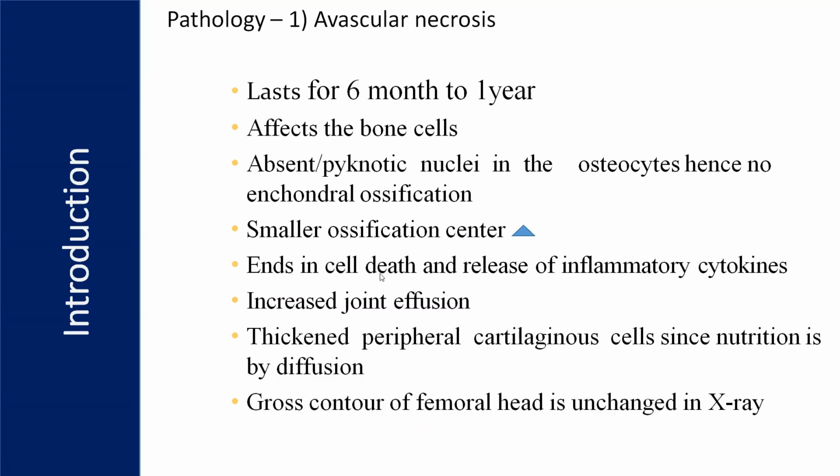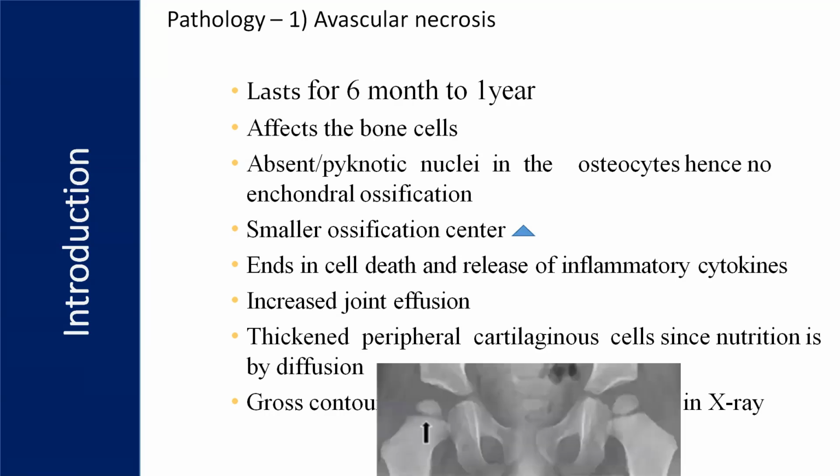These cells die by apoptosis, and inflammatory cytokines are increased. Interleukin-6 is released. This increases joint effusion, and it causes thickened peripheral cartilaginous cells, since their nutrition is by diffusion. If we look at this X-ray, on the affected right side we can see increased joint space.